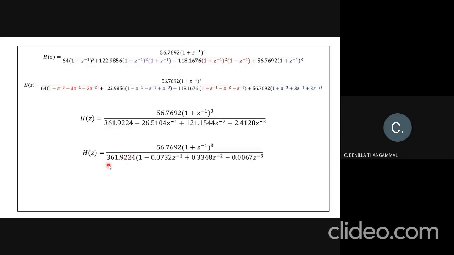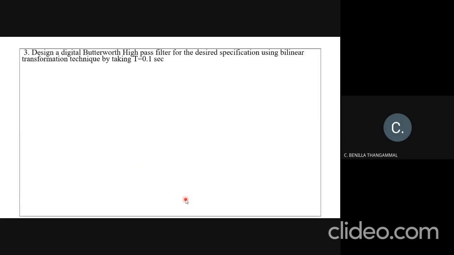So I'll be taking that value commonly out, and then if I divide 56.769 by 33,361.9224, the value is 0.1569. So I keep my numerator as such, and work on the denominator alone, right? So now I have converted your H of s into H of z using the bilinear transformation. The last one, we'll see how to get your high pass filter, as well as if it is in terms of dBs here, right?